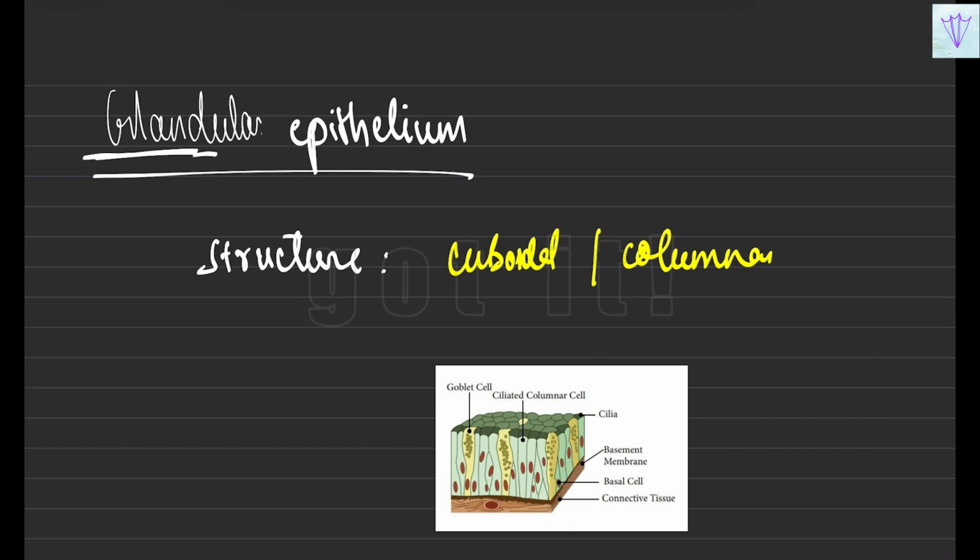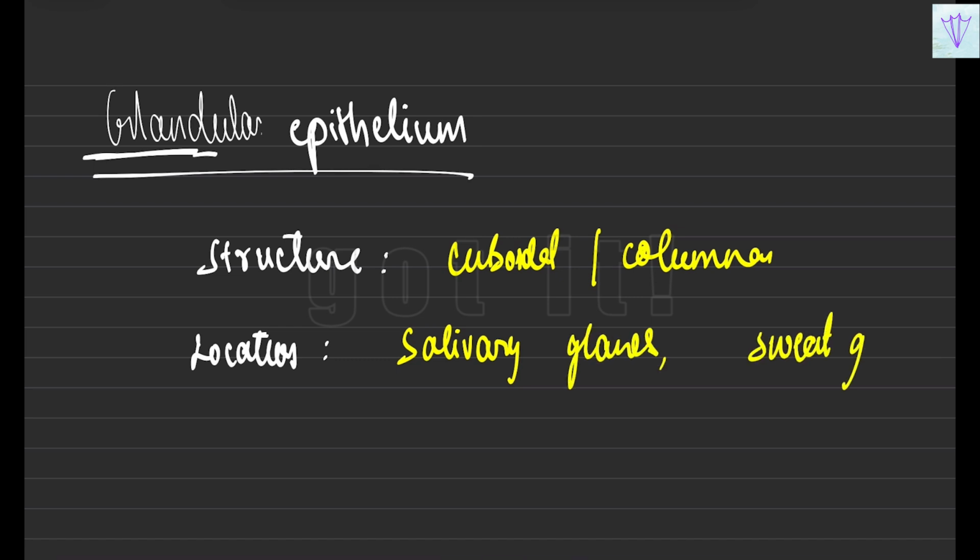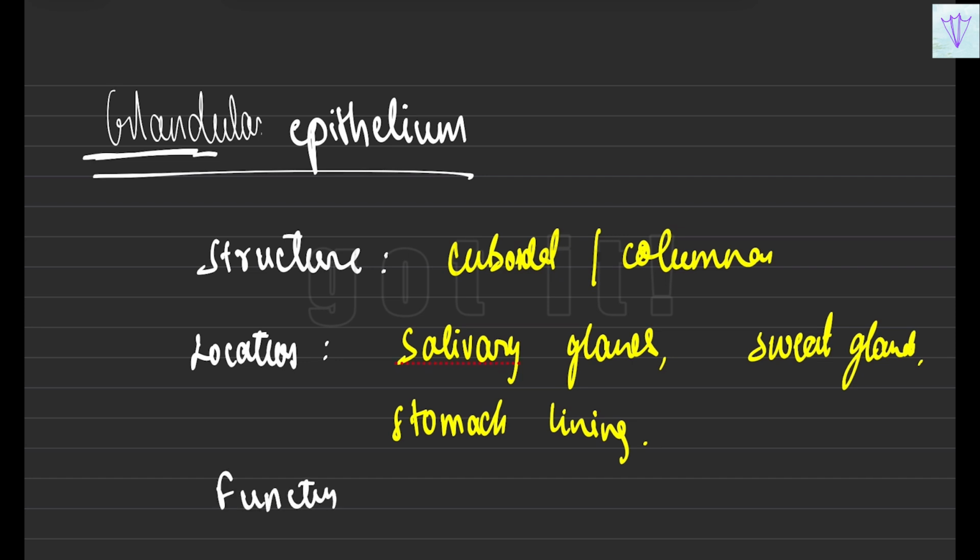So what is the location where it is found? It is quite obvious that it is found near the salivary glands, sweat glands, and in the stomach lining. So what is the function?